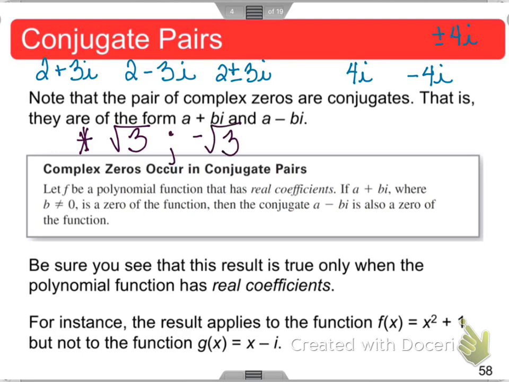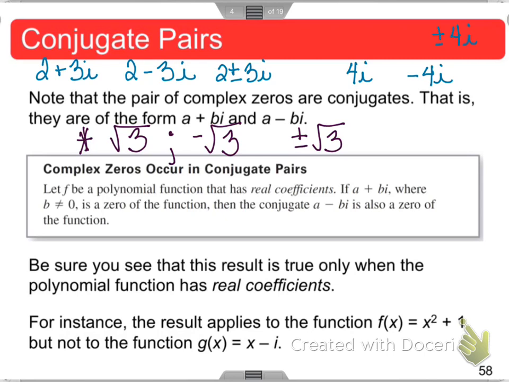And very often it shows up looking like this because we're either using the quadratic formula or completing the square. So we can end up with plus or minus square root of 3. It's super important that you realize that that plus or minus is giving you two different answers.